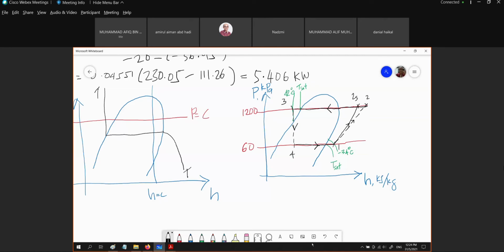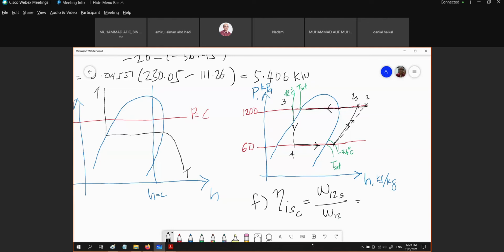So if we have this type of diagram, then if it's me, I will add one more question. The F part: get the isentropic efficiency of the compressor, which is equal to the isentropic compression divided by the actual compression.